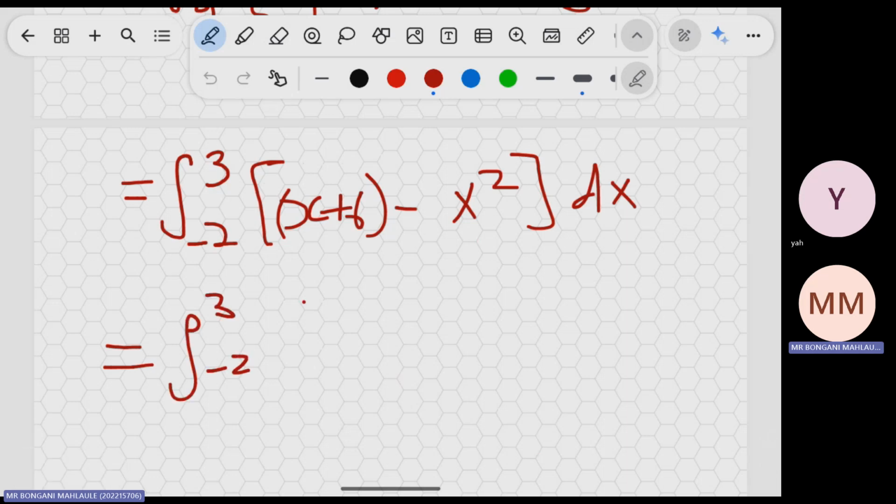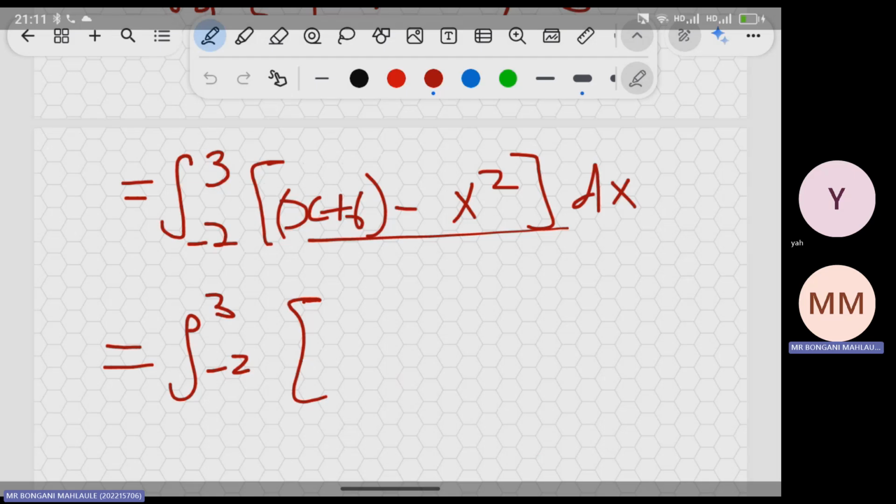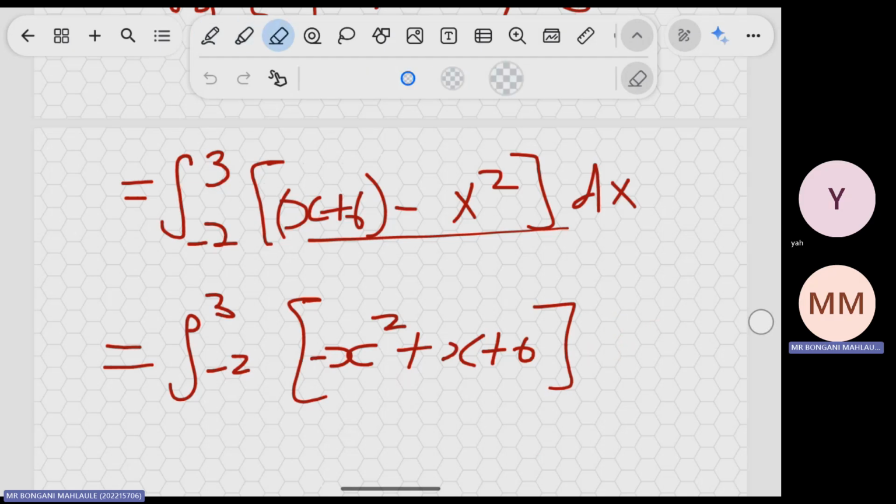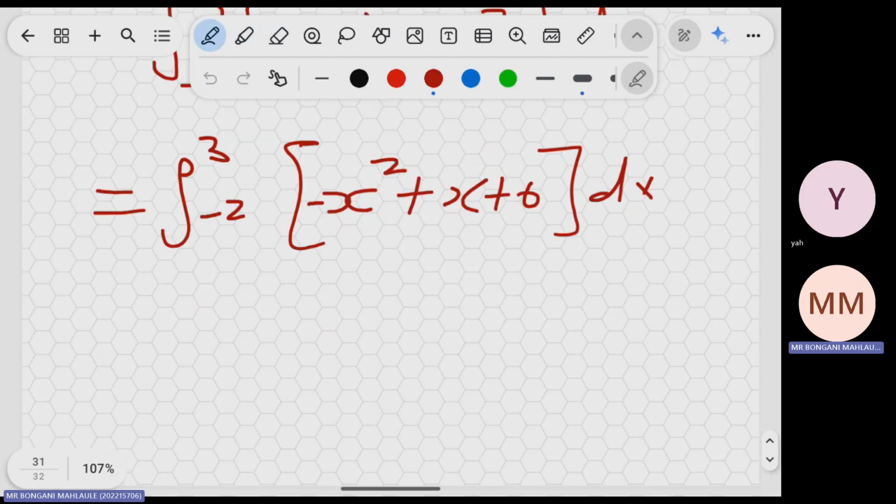So let's simplify this part. It will give us the integral of negative x squared plus x plus 6 dx, from negative 2 to 3.